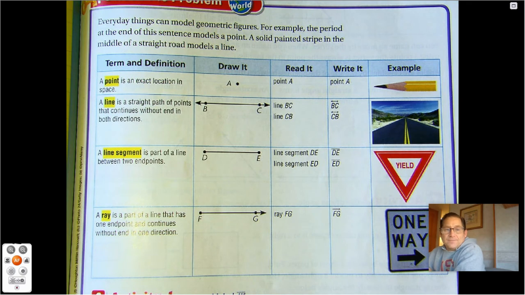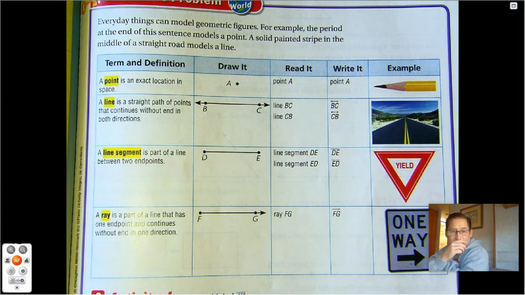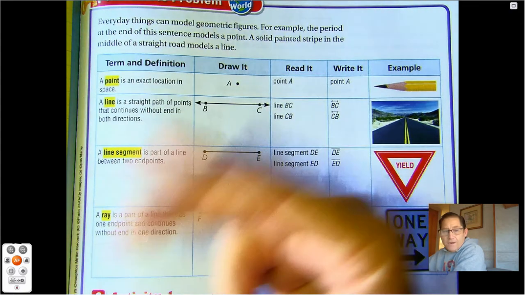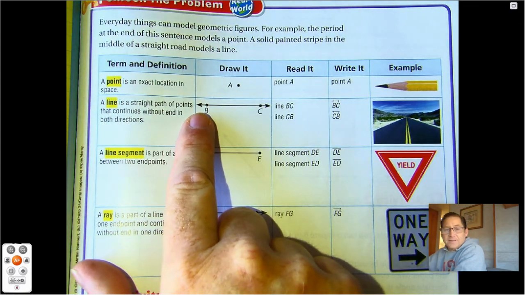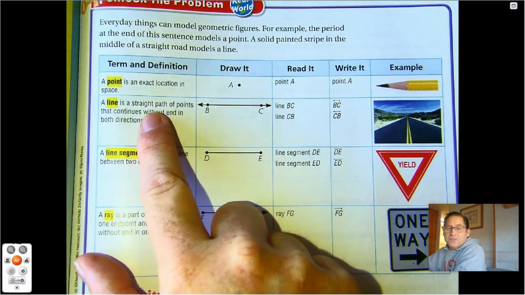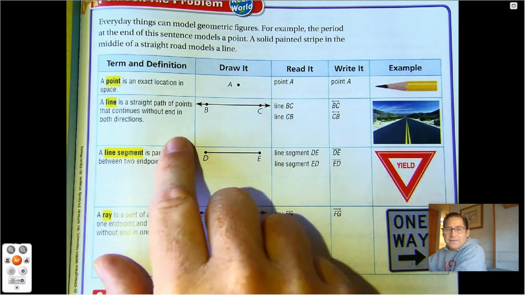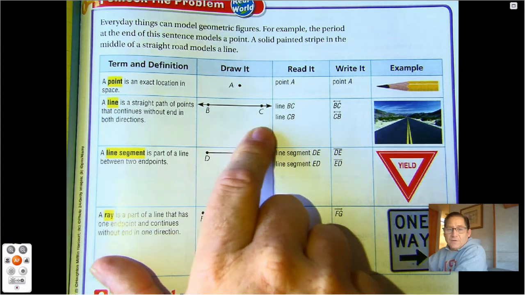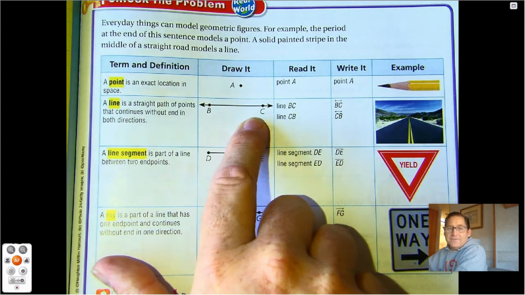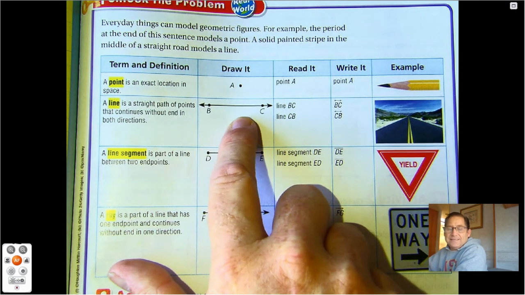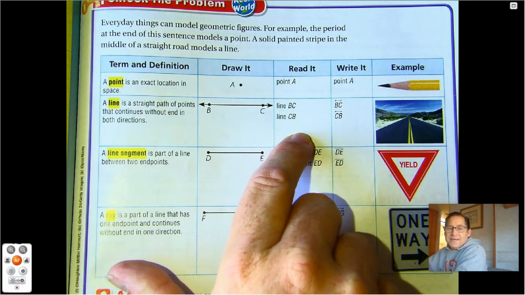A line is a straight path of points that continues without end in both directions. So the arrows on a line or on a ray indicate that the line continues in that direction without end. How do we name it? This one has 2 points identified on the line, and so we call this line BC or line CB.